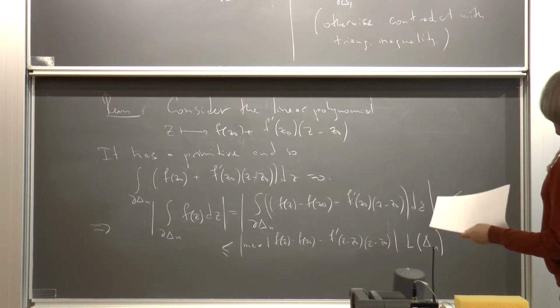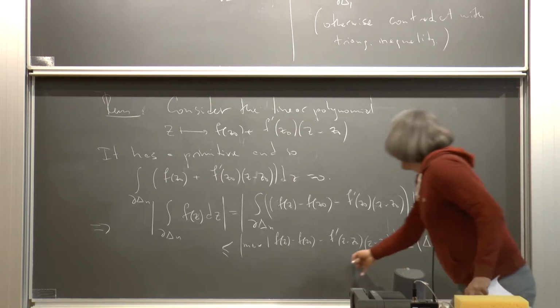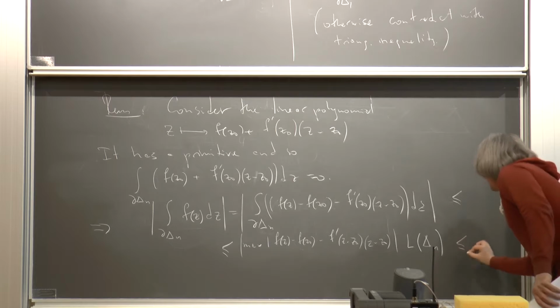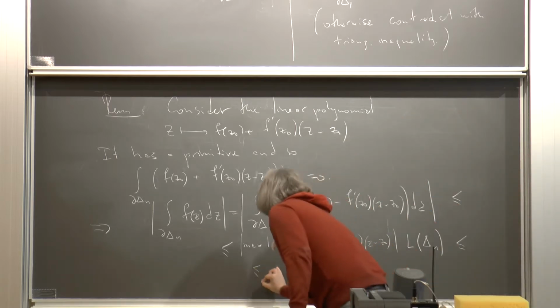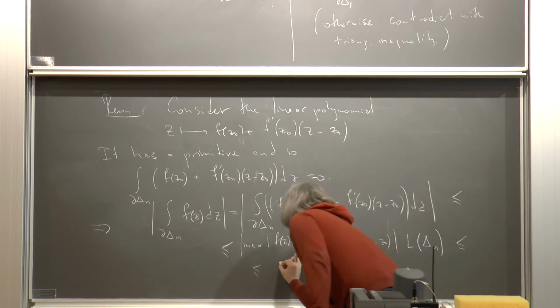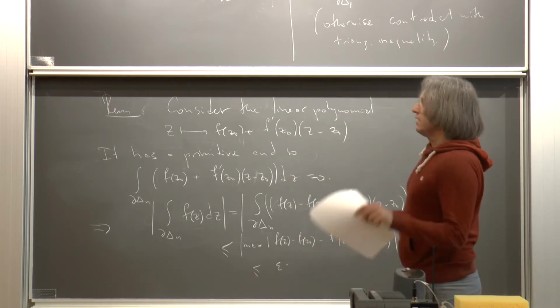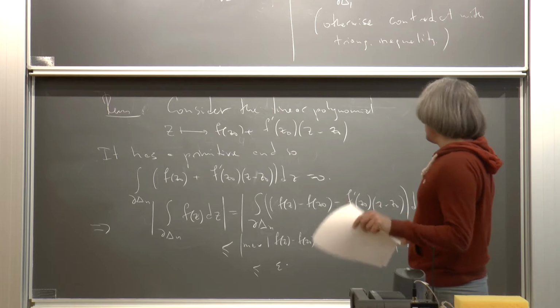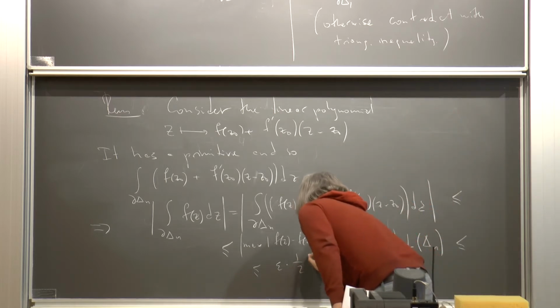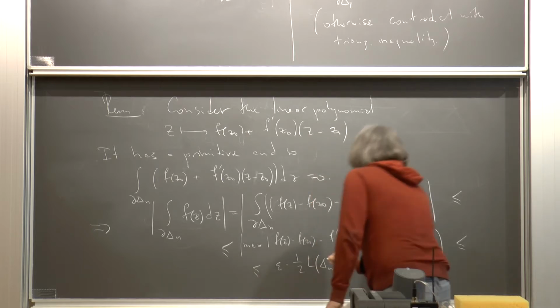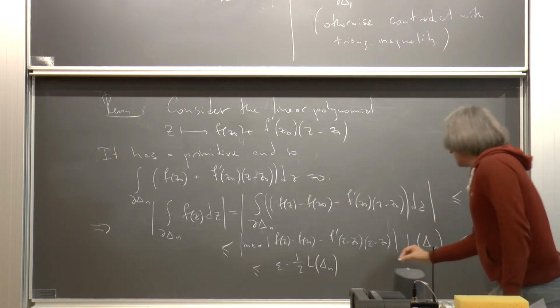Very good. Now this, by our calculations, is less or equal than epsilon times, so the distance between z and z naught was estimated by 1/2 of L of delta n. And then there's L of delta n here.